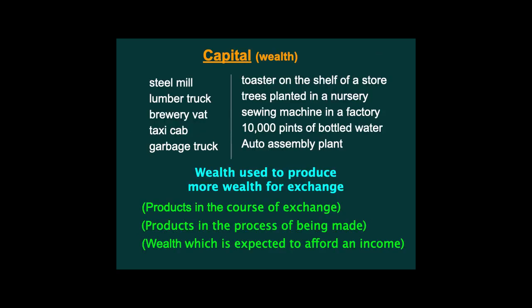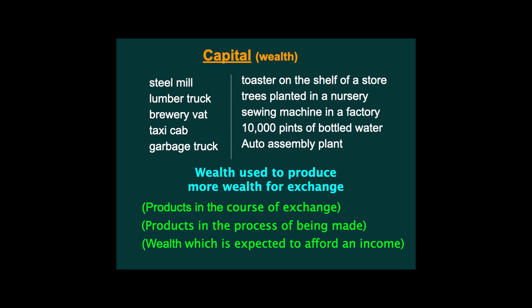And then we have steel mill, lumber truck, brewery vat, taxi cab, garbage truck, toaster on the shelf of a store, trees planted in a nursery, sewing machine in a factory, 10,000 pints of bottled water, auto assembly plant.